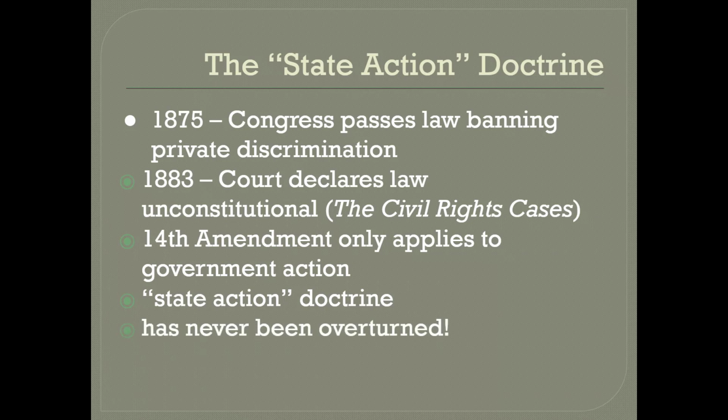Now, things have certainly changed a lot since then, but the State Action Doctrine has never been overturned. So one of the things that we have to figure out is, why do we today have laws that ban private discrimination, even though the State Action Doctrine's never been overturned? Well, the answer to that question rests with the passage of the Civil Rights Act in 1964.